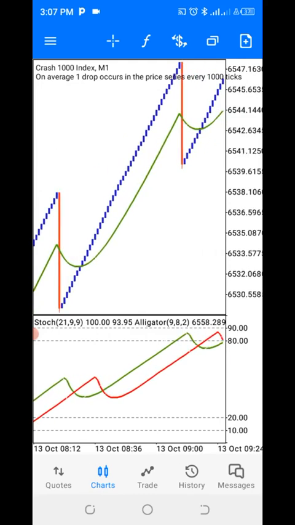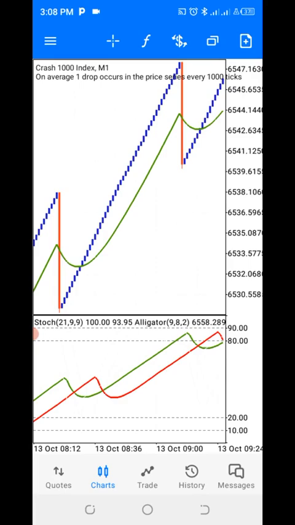The reason why the strategy works perfectly for these two pairs is that they are less volatile in terms of scalping. Understand my point? Five candles on Crash 1000 or Boom 1000 will not give you the same thing as 5 candles on Boom 500, which makes that one more volatile compared to the other Boom and Crash pairs.